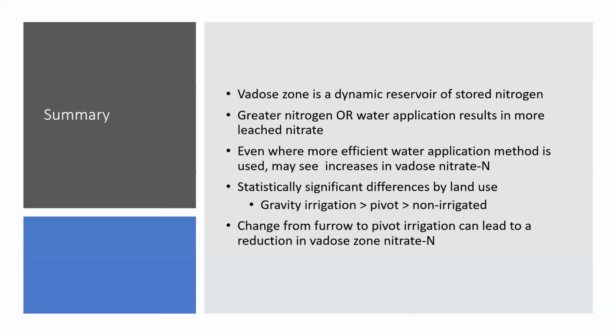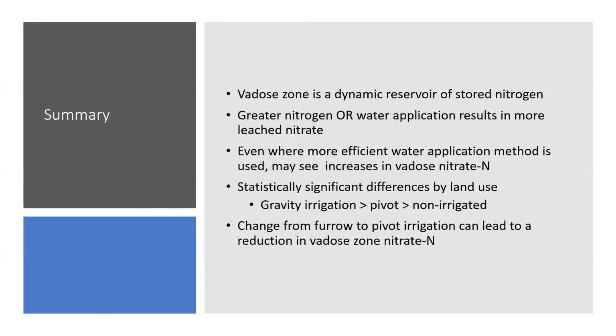We found through several studies statistically significant differences by land use. Gravity or furrow irrigation tends to result in the greatest nitrogen leaching. We find some leaching under pivot irrigated crops and the least amount under non-irrigated dryland crops.